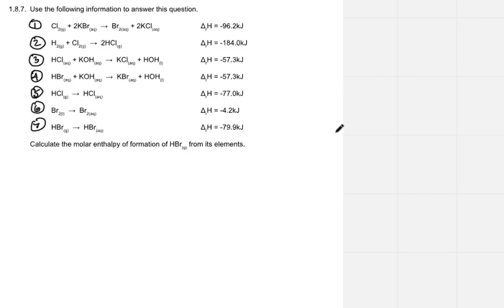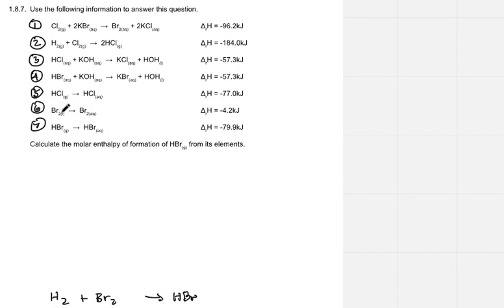The reaction we are trying to make is the formation of HBr from its elements. So if we're making HBr, hydrogen bromide, that would come from hydrogen and bromine. Bromine's diatomic. Now, something to notice about these reactions is there are a lot of different states.